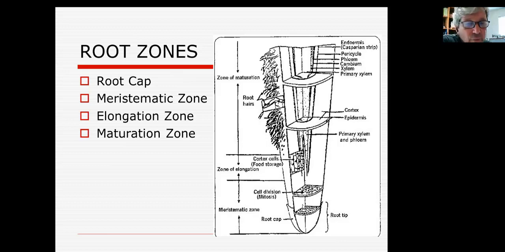If you look at the root zones, we have this root cap, which is at the bottom. That root cap is the very point, and these have some cells on them. I always call these sacrificial cells. These are the cells that, as that root is being pushed through the soil, are going to get damaged.